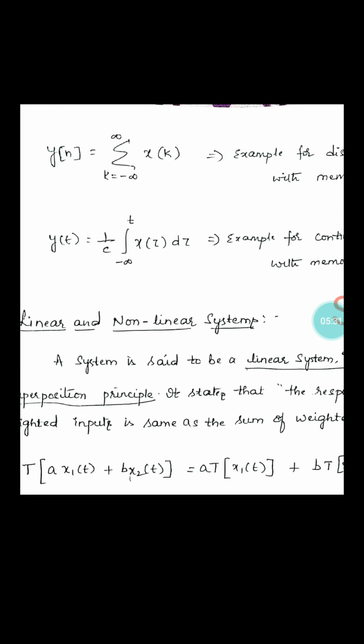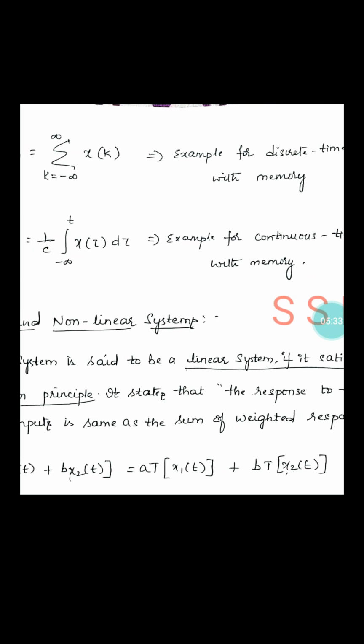A system is said to be a linear system if it satisfies the superposition principle. It states that the response to the sum of weighted inputs is the same as the sum of the weighted responses.